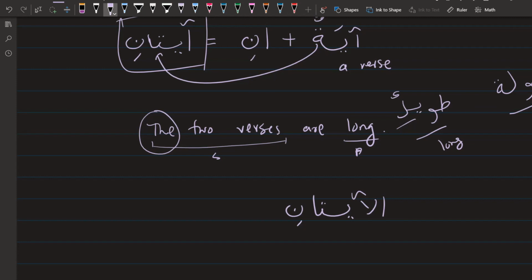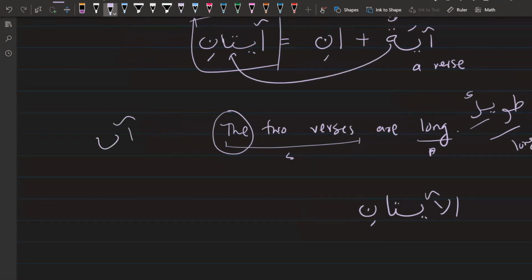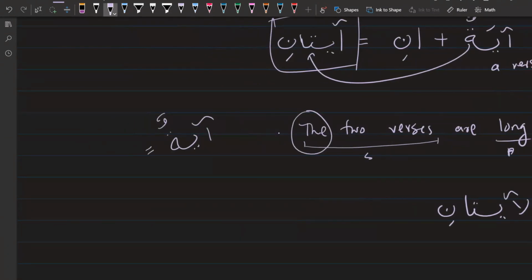When we had the word with tanween, like waladun, or even the word by itself, ayatun, and if we were to add alif lam, what we had to do is drop the tanween, right? Ayatun, al-ayatu.